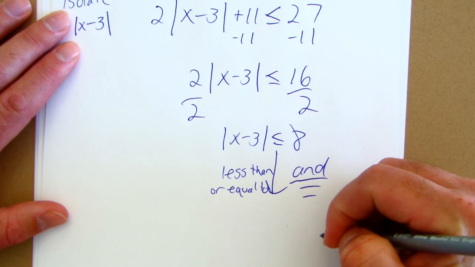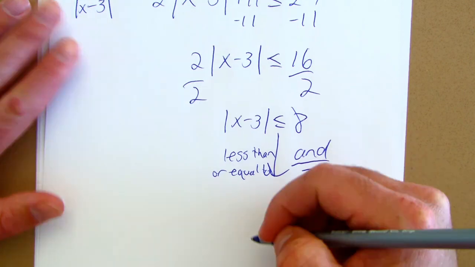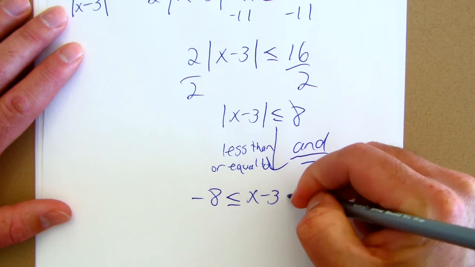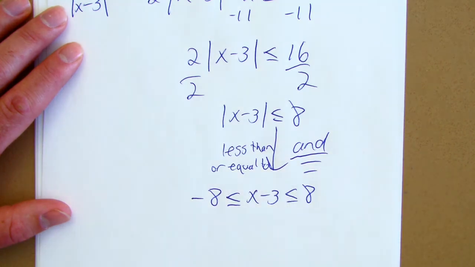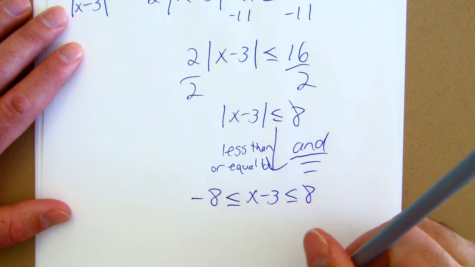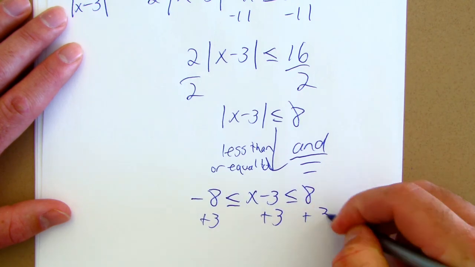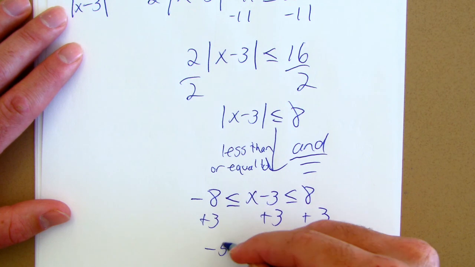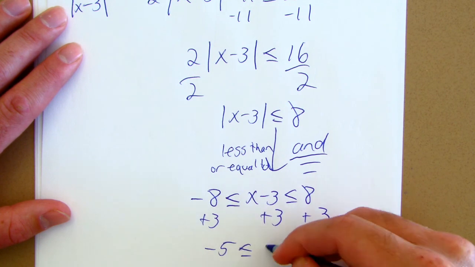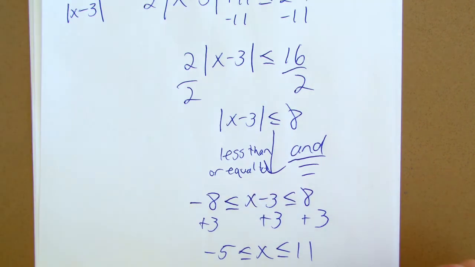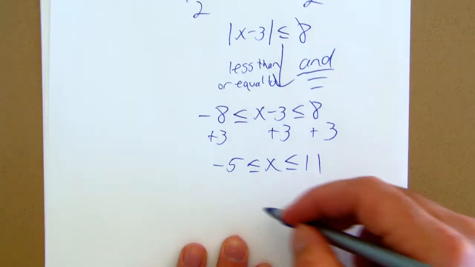We're within 8 units of 0. So I get x is greater than or equal to negative 5 and less than or equal to 11. On the graph, it's going to look like this.